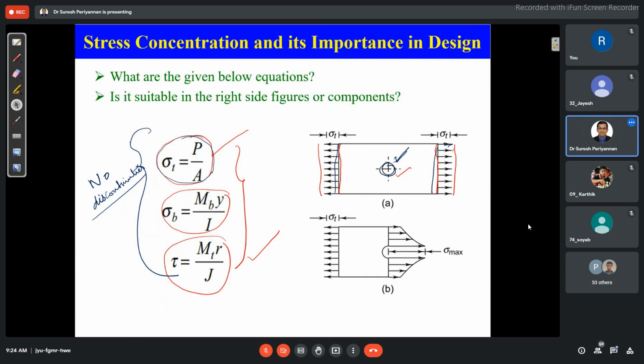Then finally they came to know, from the polariscope report, that the stress magnitude is greater compared to the uniform cross section where the load is acting.